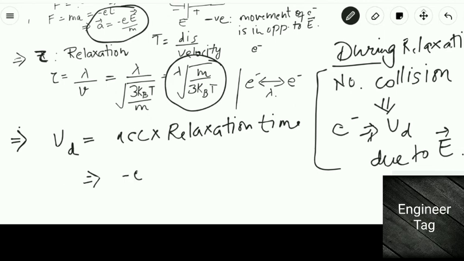That is minus eE over m into tau, and tau has the value lambda under root of m over 3 kbt. So this is the drift velocity with which electrons are moving upon the application of electric field.